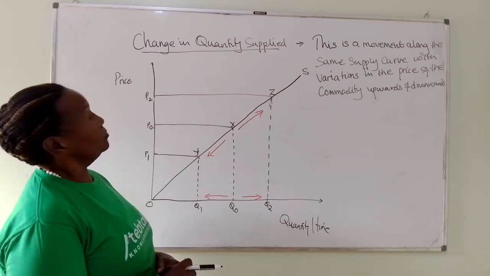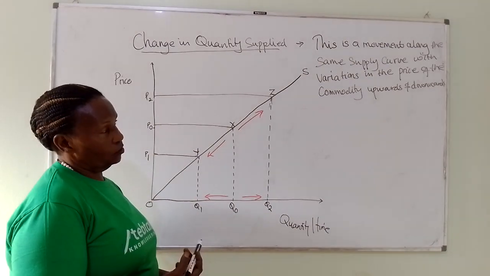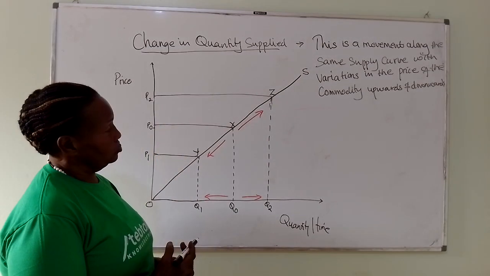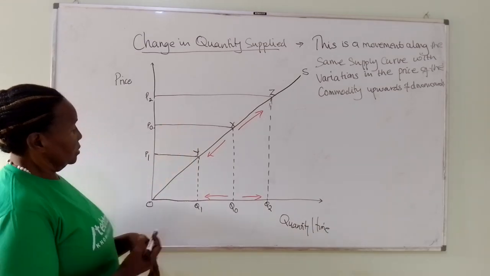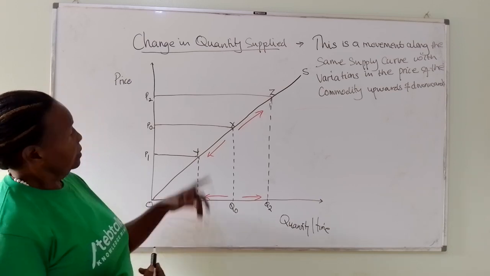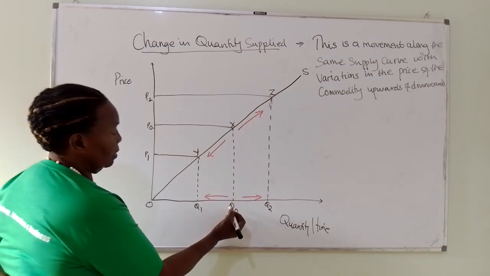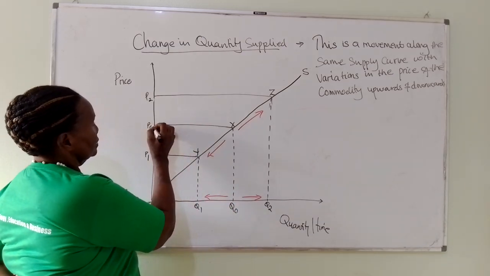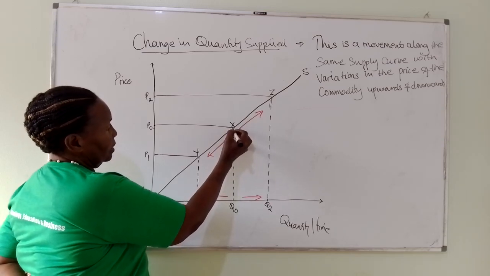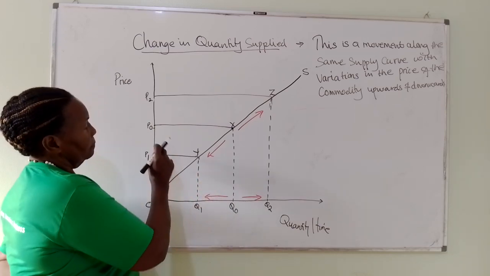So when you are talking about a change in quantity supplied, you are trying to observe the law of supply, and you only look at the variations in the price when other factors remain constant. If you look at our illustration, you can see that Q0 is our original quantity supplied at an original price of P0. So when the price is P0, we are at point X, where X is looking at price and quantity supplied respectively.